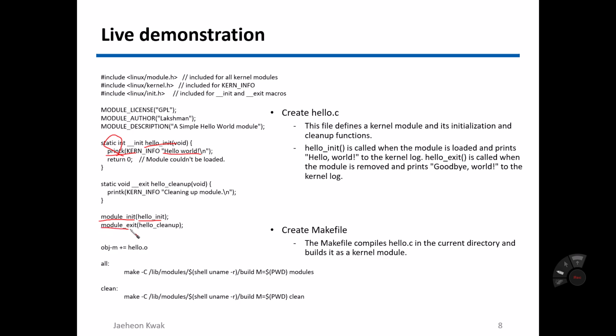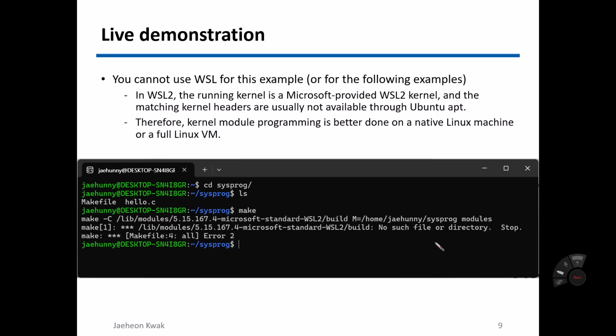And when the module is unloaded, module_exit will call the hello_cleanup function, which simply prints out the string cleaning up module. That is what our custom kernel module does. It's very simple, right? And with this makefile, we are going to compile the hello.c file in the current directory and build the kernel module.